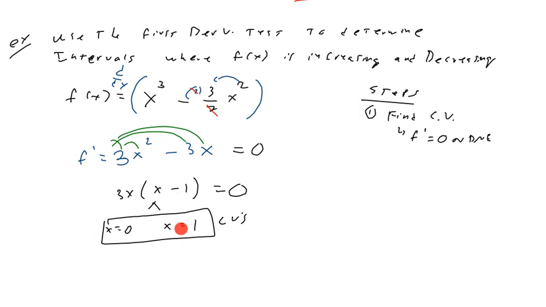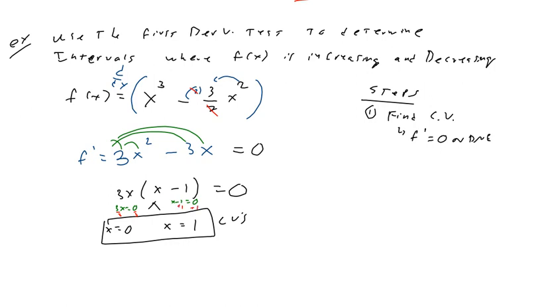Anyone unsure how I got these two answers? Anybody missing this process here? Let me show it. I've got 3x equals 0, which, dividing by 3 on both sides, gives x is 0. And I've got x minus 1 equals 0, and if I add 1 to both sides, that's where I got the 1.